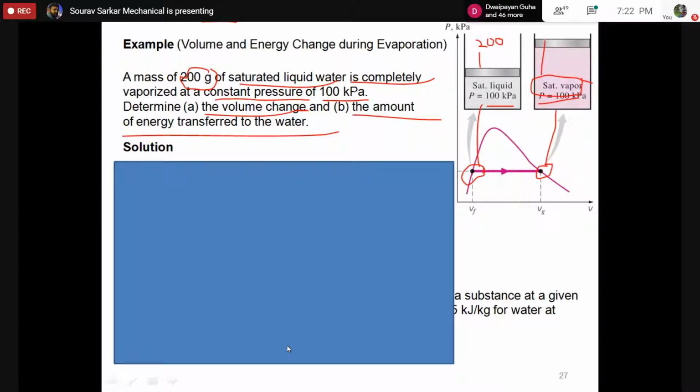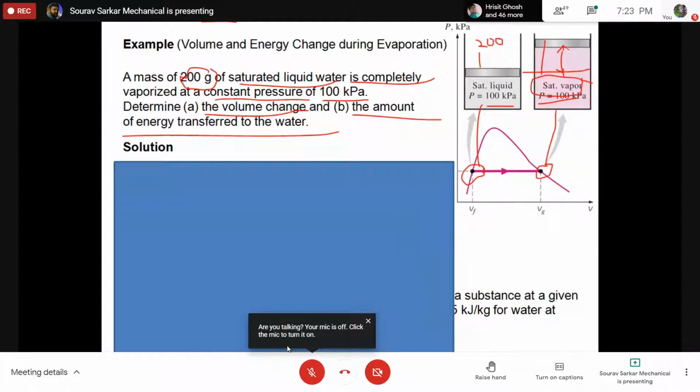They have asked two questions: the volume change due to the phase change, and the amount of energy that needs to be supplied to support this conversion. Can we solve this?